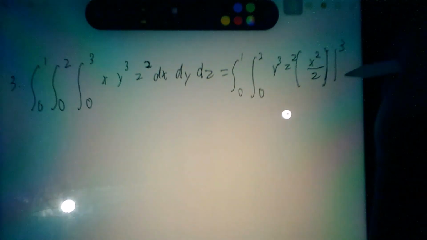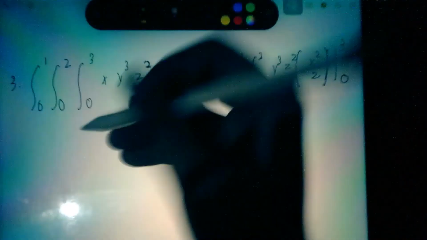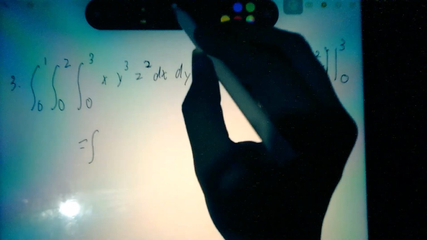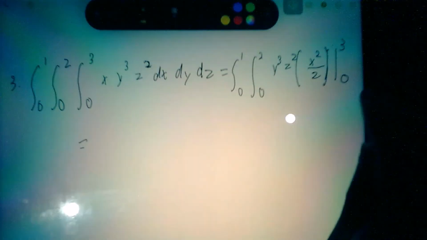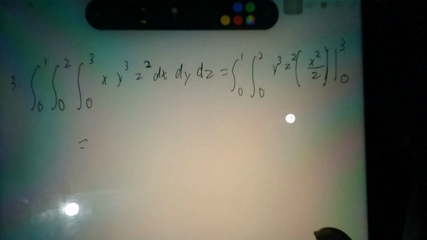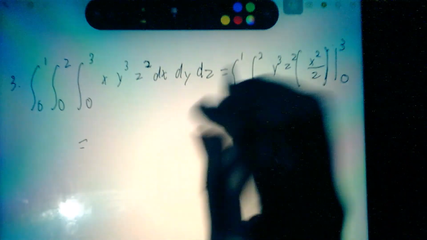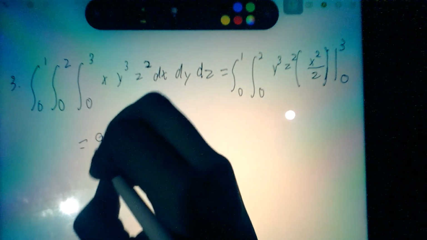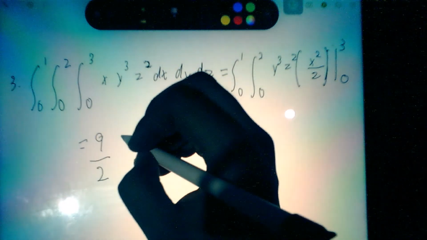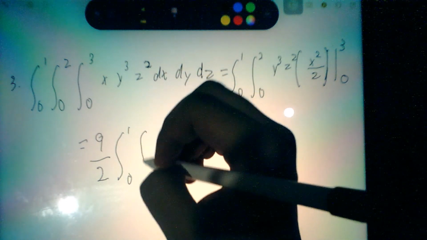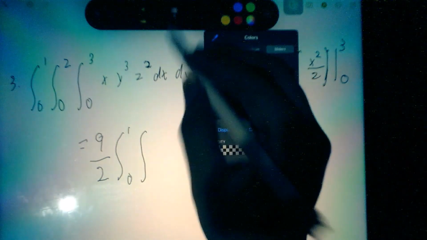By putting this here, 3 squared is just 9 over 2. Since 9 over 2 is a constant, let's take that outside.